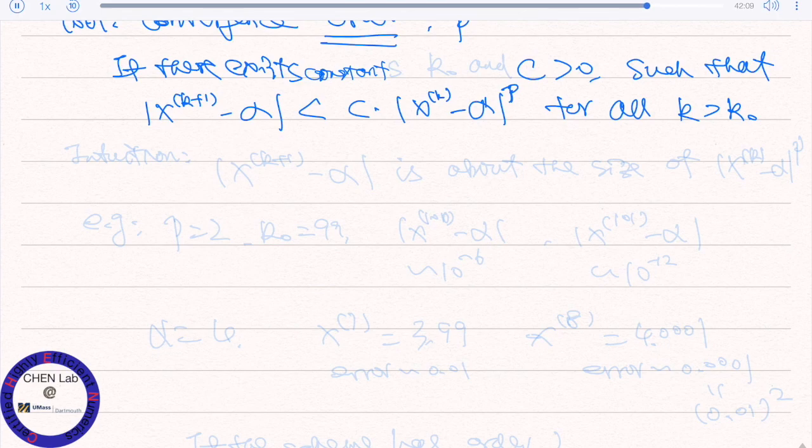There exist constants k0 and c. k0 is a step number. I'm going to explain what this means intuitively. The definition says, if you can find k0, an iterate number k, maybe 100, and you keep going after the 100th step, then for any iterate after that, the next error is no more than a constant.